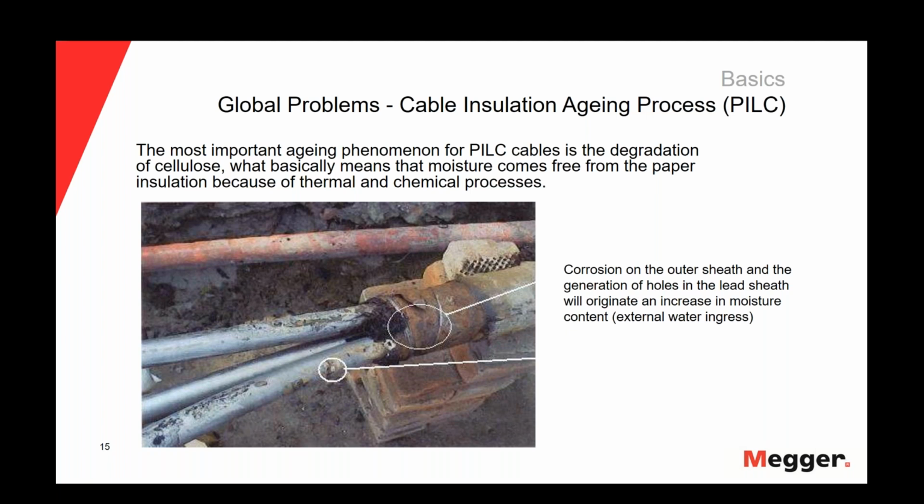What basically means is that the moisture comes free from the paper insulation because of thermal and chemical processes. And of course, the corrosion of the outer sheath and the generation of holes in the lead sheath will originate an increase of moisture content. What happens is that the external water will ingress in the cable if we have corrosion on the outer sheath or holes.